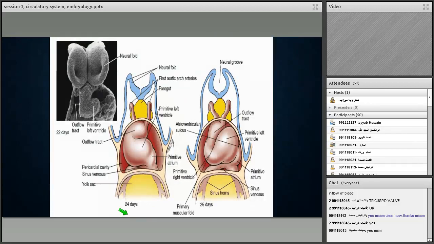Here also we can see the looping. This is the outflow tract. This is the atrium part and the sinus venosus, which is coming into the pericardial cavity. This is the primitive atrium, primitive left ventricle.